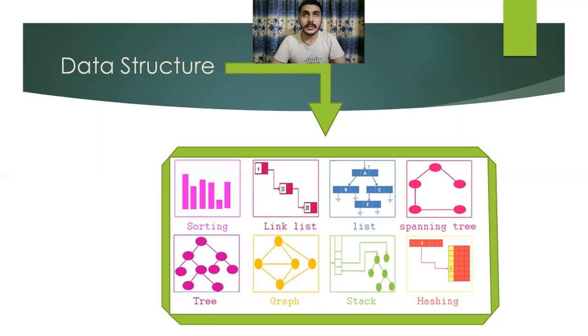Like I'm giving you an example: in a dictionary the words are in sequence. First of all, if we are finding a word, for example, spanning, we will check S, and we will start from S. First we'll check in the index where the S is, and we will take the number of the page and start searching from it.